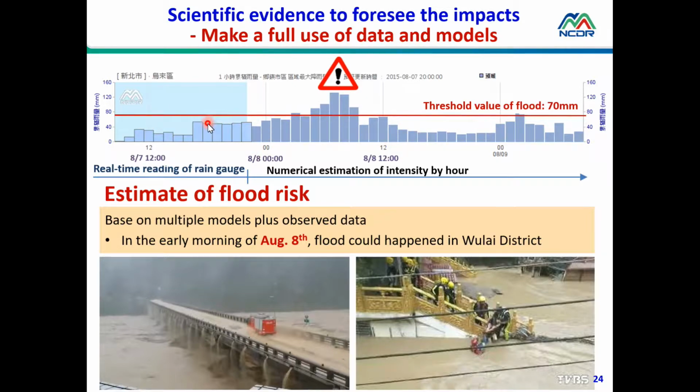If the rain intensity is over the threshold value, this district could have a flash flood. So we think in the early morning of August 8, Wulai district might have flooding. Actually, from news reports, we did observe flash flood in the mountainous area.